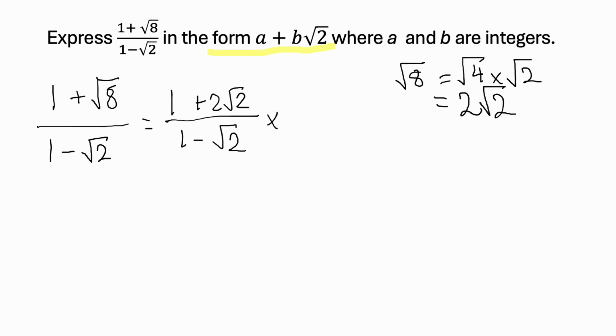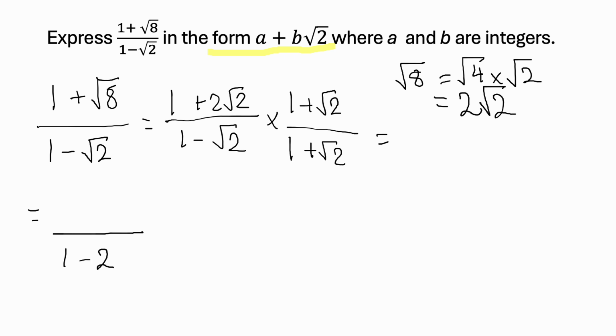And when we rationalize surds, when we have it in this format, 1 minus root 2, we have to times the top and bottom by 1 plus root 2. So using our methods, we get a squared minus b, so 1 squared minus 2.